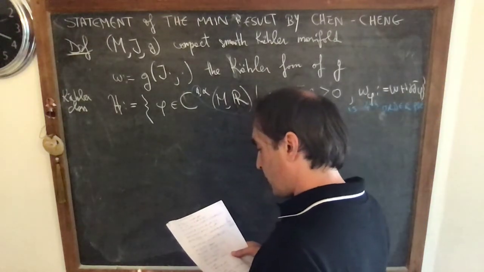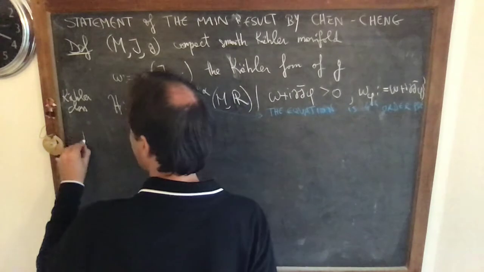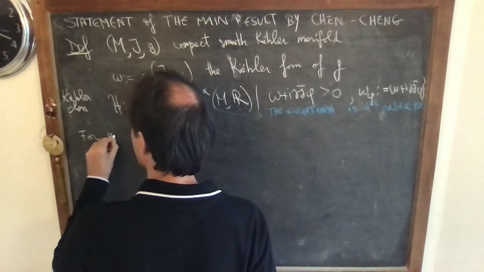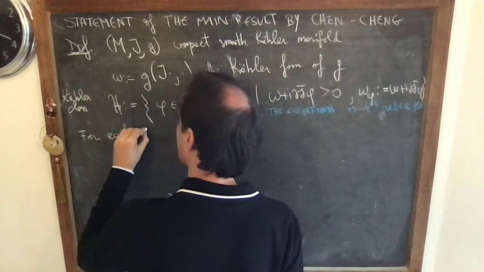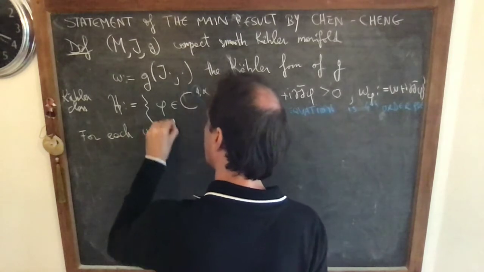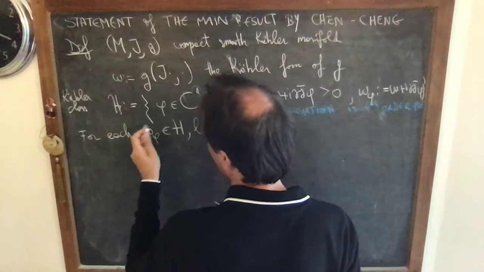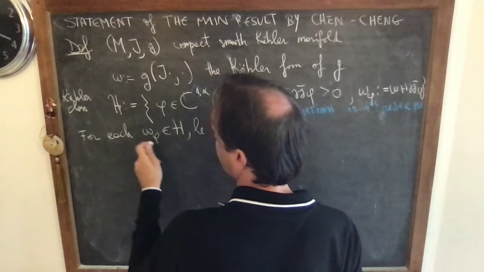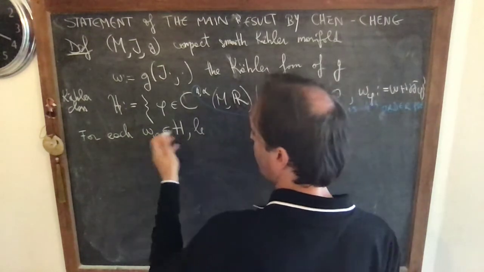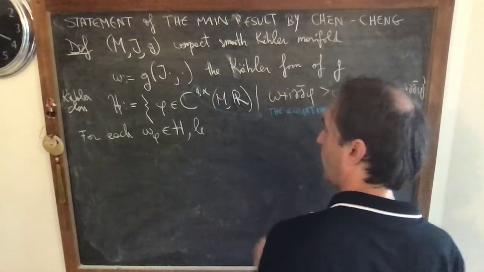Now, for each omega_phi in the Kähler class, confusing phi with omega_phi, we can abuse the notation and write like this.